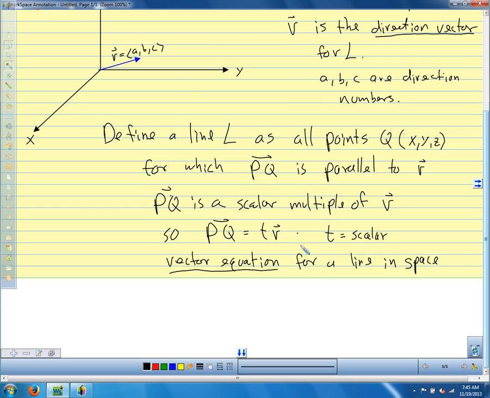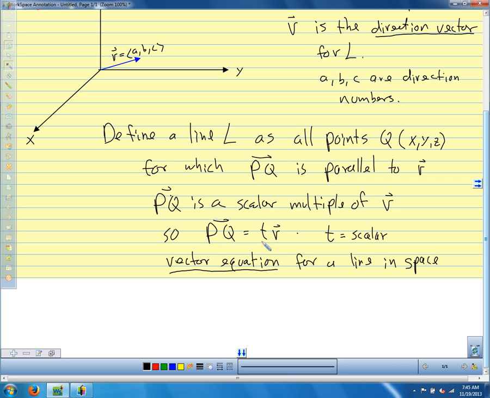But we want a little more convenient way to work with lines in space, just so we have some more tools to work with our line. So what we're going to do is write out an expression for PQ and an expression for tV and equate our components, and that's going to give us a couple of different ways to work with a line in space.